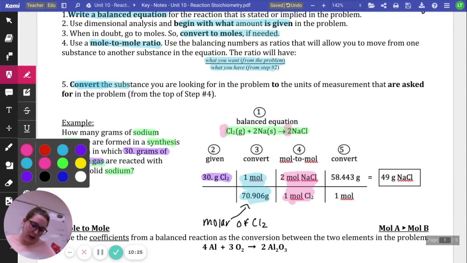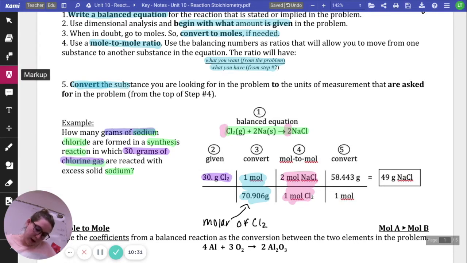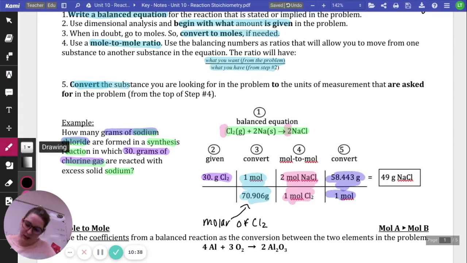All right, and then finally, our last step is to get to what the problem asks for. In this case, our problem asks for grams of sodium chloride. So there's our factor right there. Once again, we are using the molar mass to convert to grams, and this would be the molar mass of NaCl.